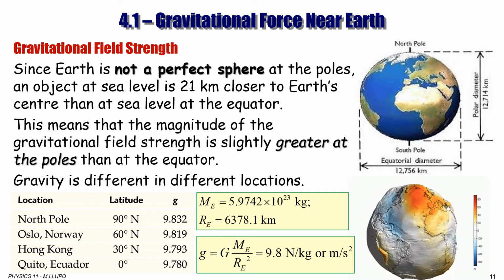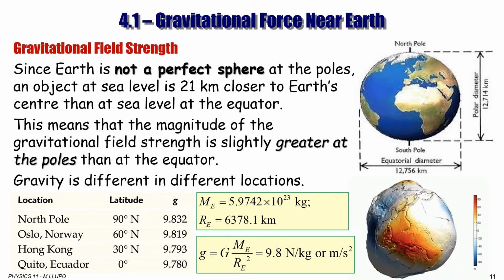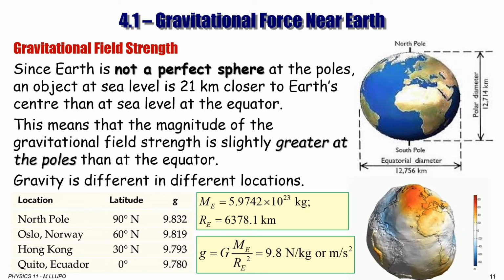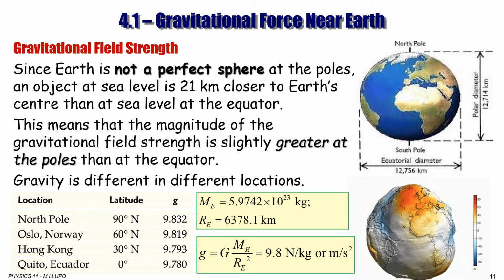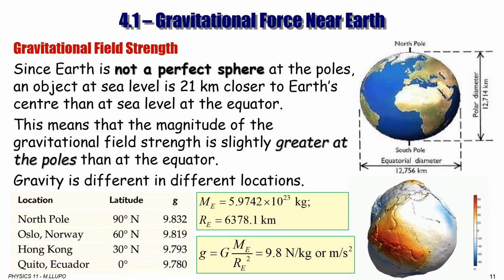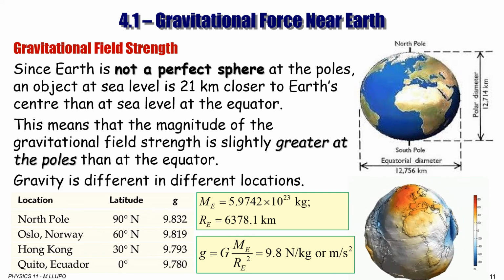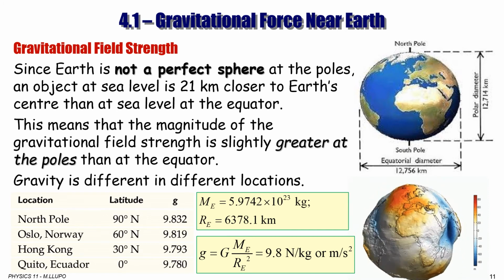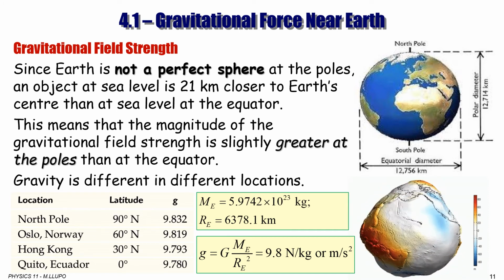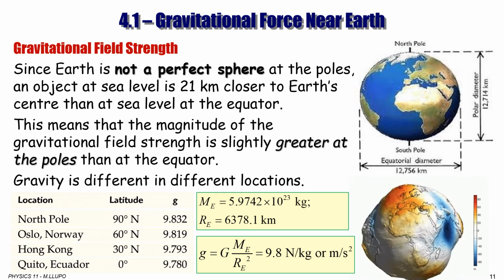If you make that calculation, where G is 6.67 times 10 to the power of negative 11, the answer will be 9.8 meters per second squared. So that's why we use 9.8 meters per second squared as the gravitational field strength or gravitational acceleration in our calculations.